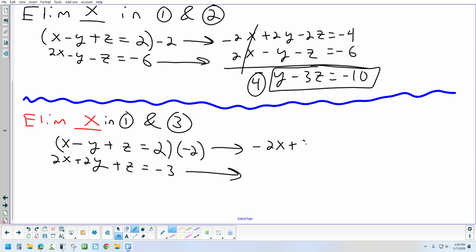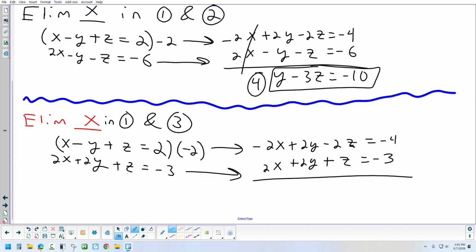Negative 2x plus 2y minus 2z equals negative 4. And in the bottom, copy it over. 2x plus 2y plus z equals negative 3. And what happens when we add those up? You get 4y minus z equals negative 7. And now we're going to call that equation 5.